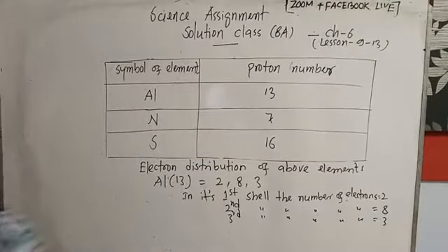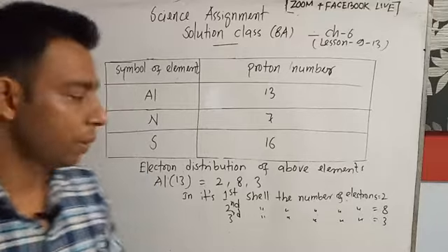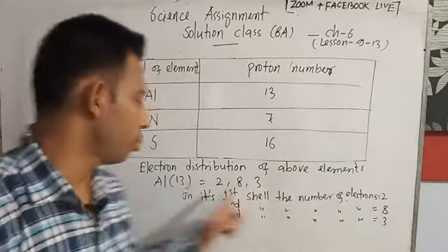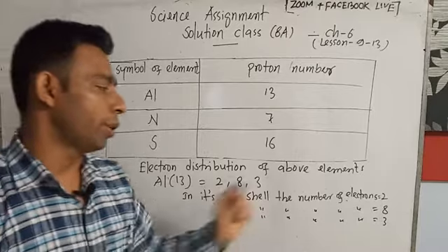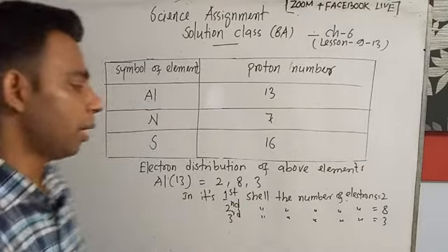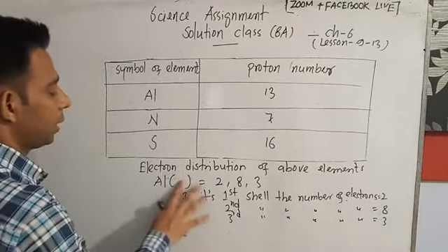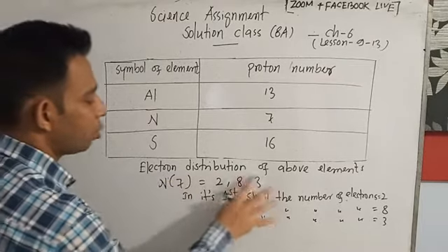Since we need to go through the electron distribution, we specifically count and find out the number of electrons. In this case the number of electrons in the first shell is 2, whatever its electron distribution, we already know that. Similarly below you will write nitrogen. Suppose we take nitrogen, it is 7, so 2 and 5.